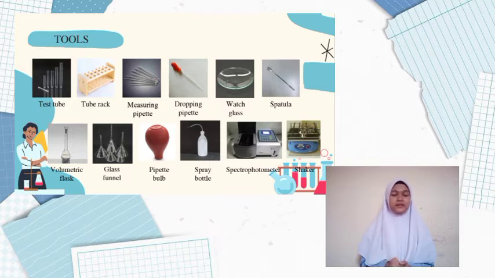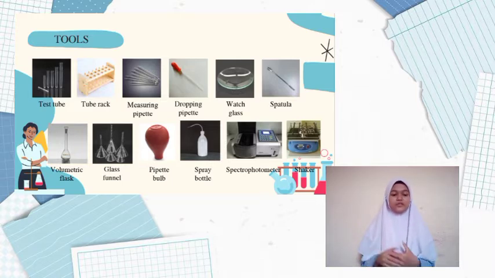Four, dropping pipette, used for dripping H2SO4, KMnO4 and KSCN solution. Five, watch glass, used for putting FA grains to be weighed. Six, spatula, used for taking FA grains to be weighed.